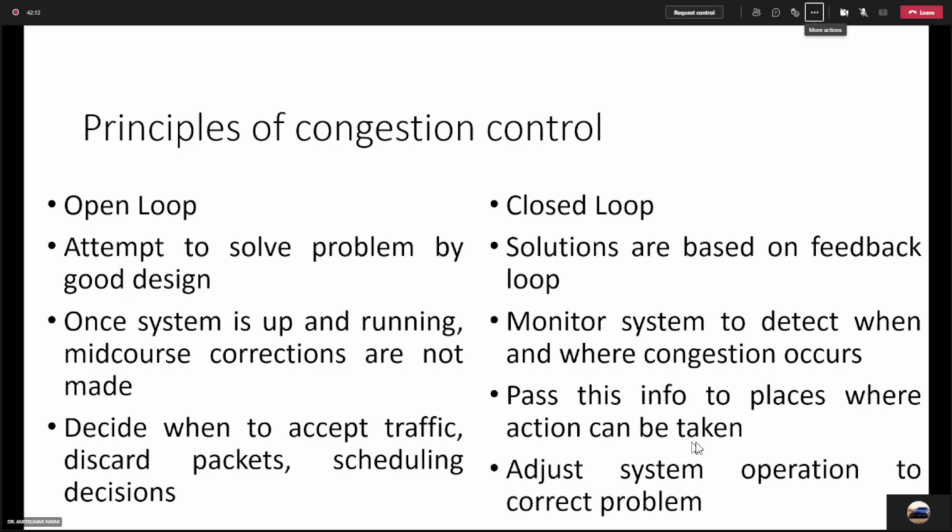The receiver will provide feedback to the sender: please slow down your transmission, please stop sending the packet. Based on the feedback, the sender will modify the strategy of transmitting the data. That is closed loop. In the closed loop congestion control method, feedback is provided by the receiver. In the open loop congestion control algorithm, it will try to follow a good design of the network and it will try to avoid the congestion.